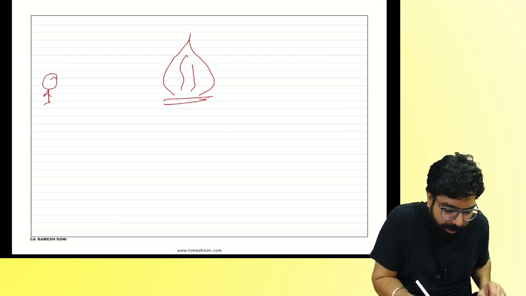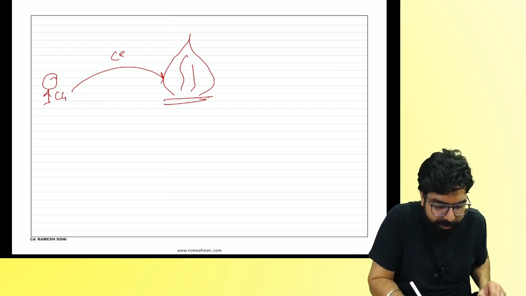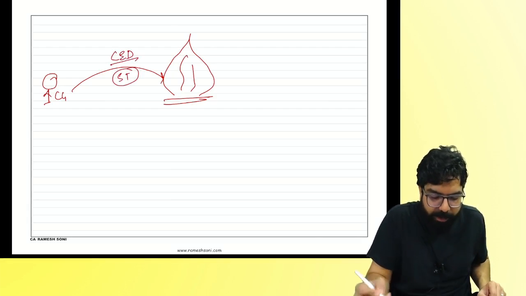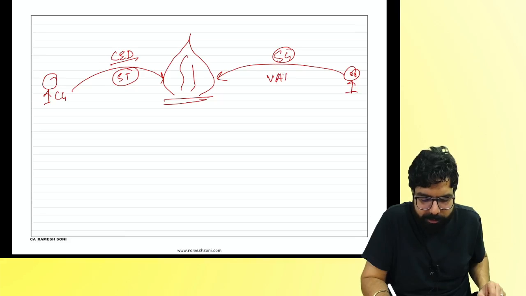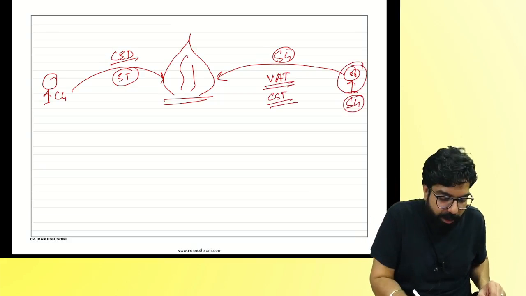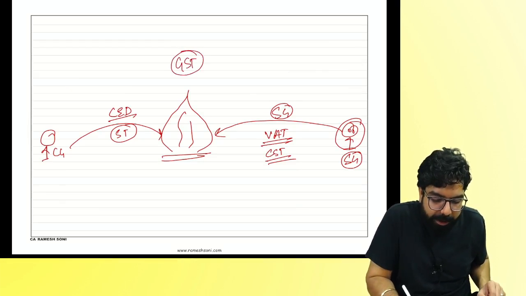Here the central government was standing; they put some taxes in the fire, like central excise duty, service tax, etc. Here the state government was standing; state government put VAT, CST, all these collected by the state government, into the fire. And one new tax came out, which was what, everyone? GST.